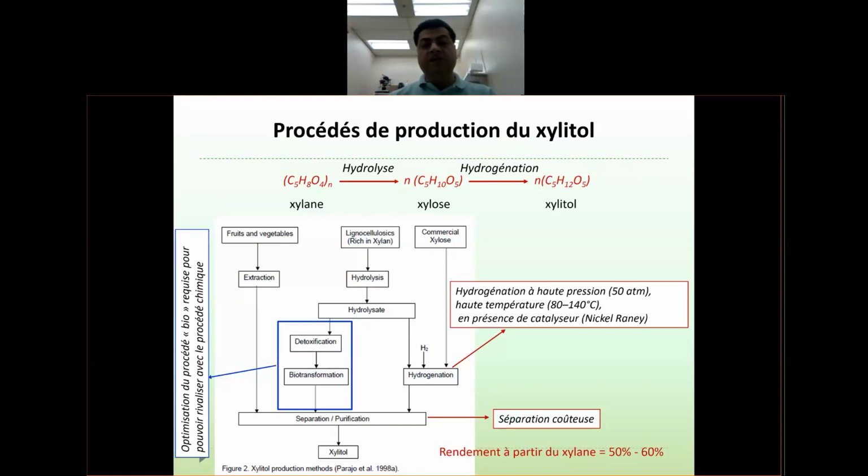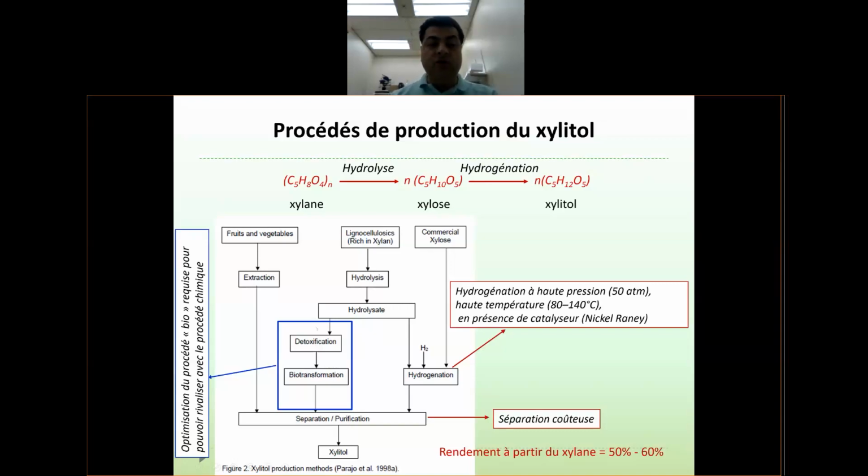First of all, imagine that you want to go through this process. After you do hydrolysis, you have to do some other purification steps like detoxification, biotransformation, and then you should have separation and purification until you have the xylitol.